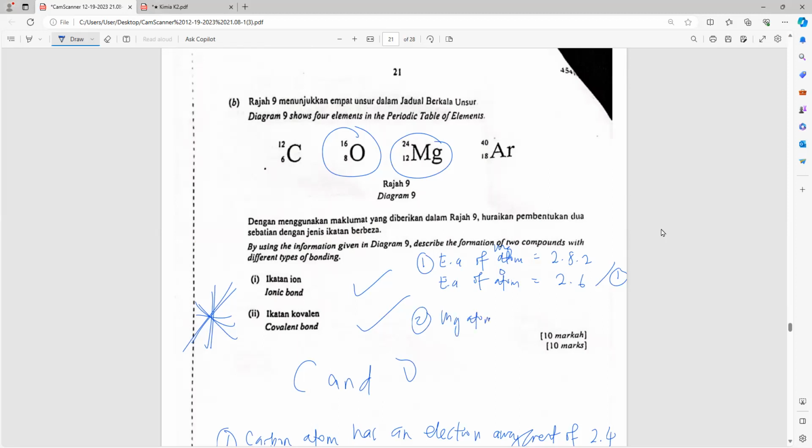Magnesium atom is going to donate how many electrons? 2 electrons. To form what? To form Mg2+ ion, isn't it? Very good, Mg2+ ion, and achieve a stable octet electron arrangement. Must mention that.